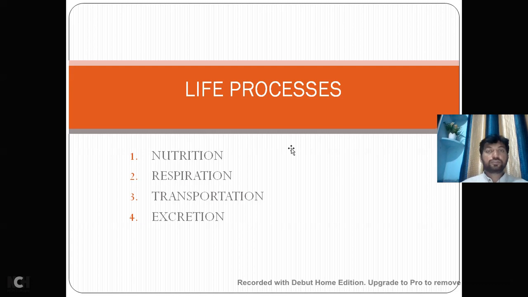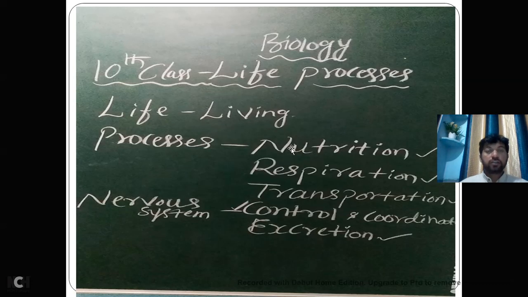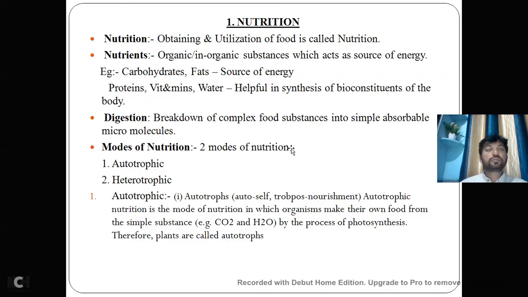We are in the chapter nutrition in the unit life processes. Last class I gave an introduction about life and the processes, nutrition, nutrients, digestion, modes of nutrition, and autotrophic mode of nutrition.